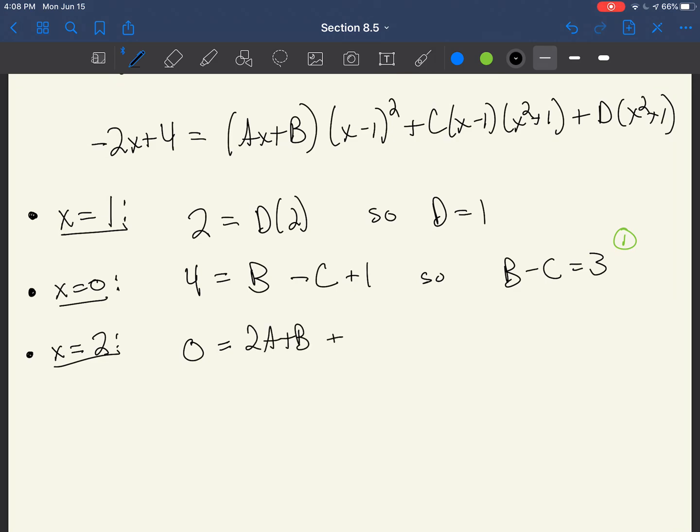So you just have 2A + B, plus this term will be 1, this will be 5, so we get 5C. And then plus 5D, D was 1, so plus 5. So we have 2A + B + 5C equals -5, which we will call equation 2.